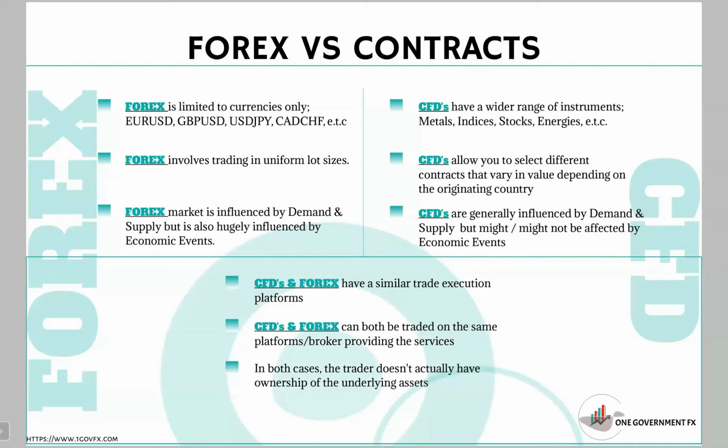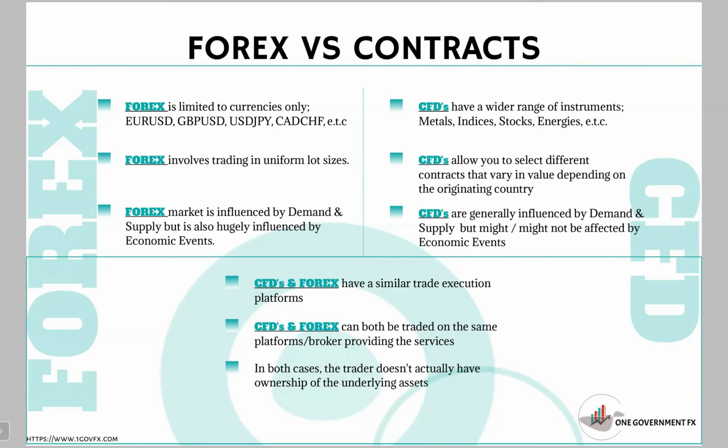Okay, so let's move on. Now I'm going to give the differences between Forex and the contract, and a few similarities also. Forex is limited to just currencies only. So anything that goes outside any country's currencies, for instance, if it's not within maybe EUR/USD, GBP/USD, like these ones that are here, anything outside this, maybe not just this set, because there are a lot of currency pairs.